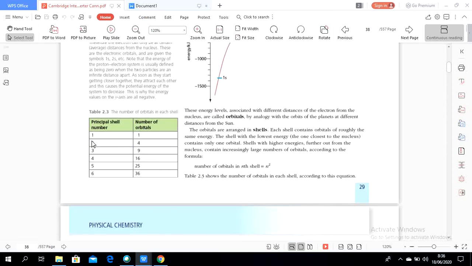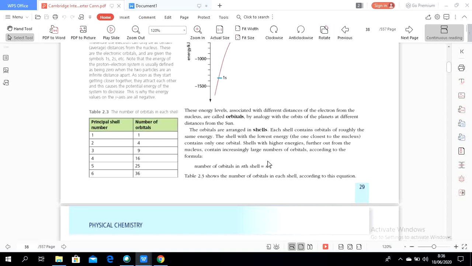Okay, so there is the principal shell number: 1 is 1, 2 is 2, 3 is 3. The number of orbitals in the nth shell is given by the formula n squared. The orbitals are arranged in shells. Each shell contains orbitals of roughly the same energy.